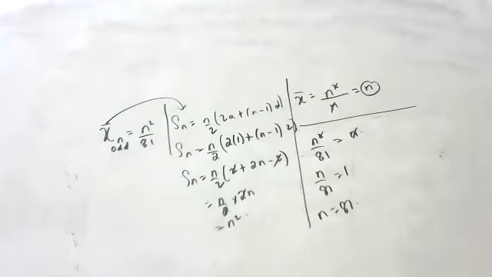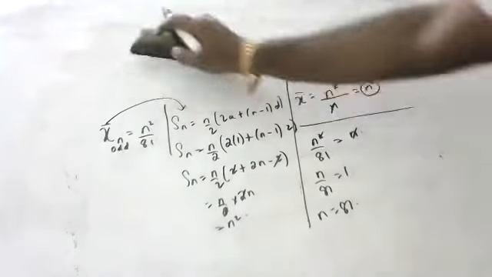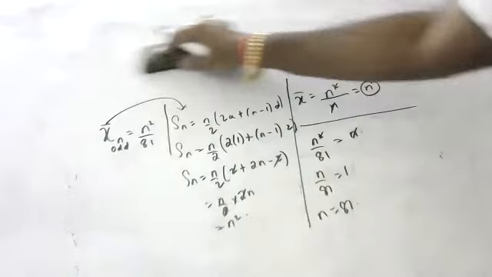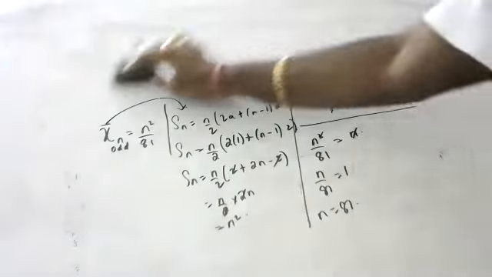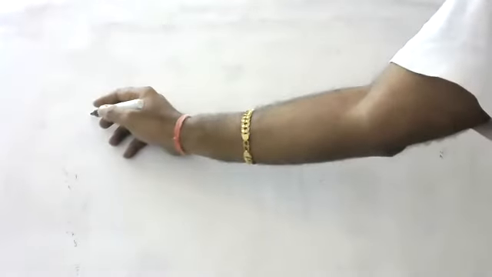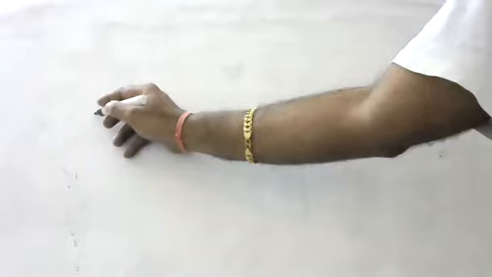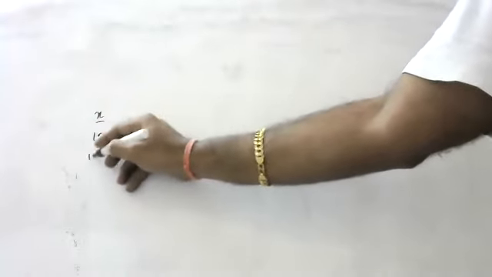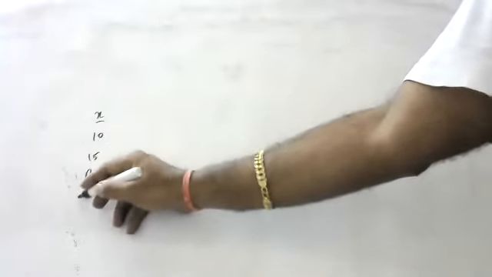Next question. Data is given, and we need to find the mean using the assumed mean method. X is equal to 10, 15, P, 25, 35.